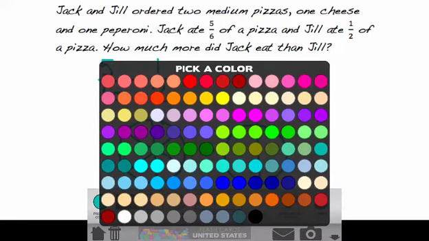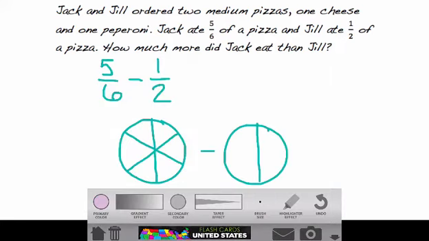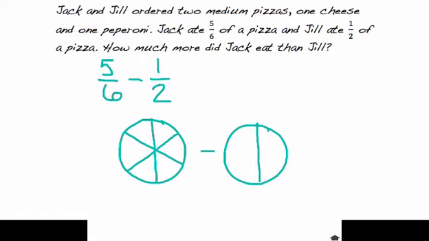Switch colors here and we can mark off their pieces. So Jack had 1, 2, 3, 4, 5 pieces of pizza, and Jill had a half of a pizza.